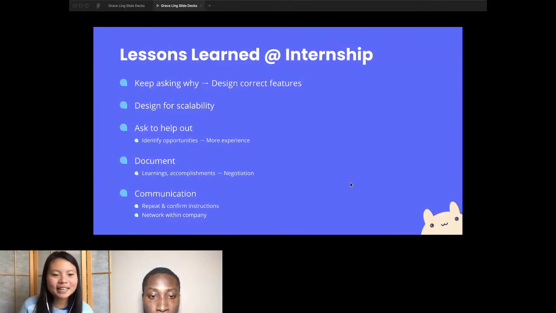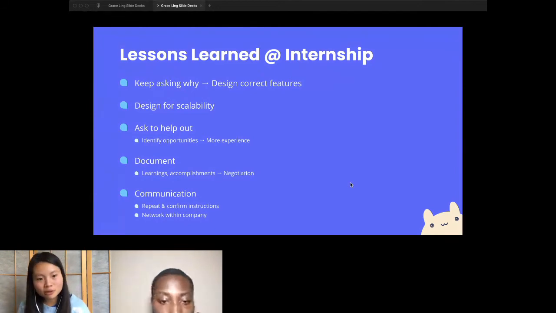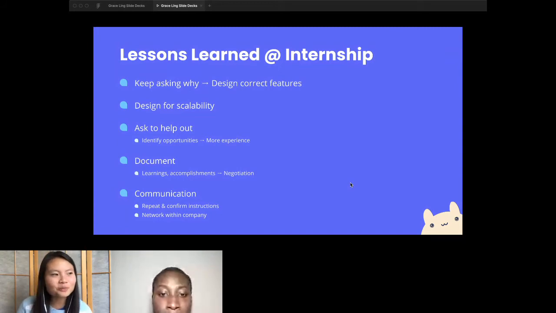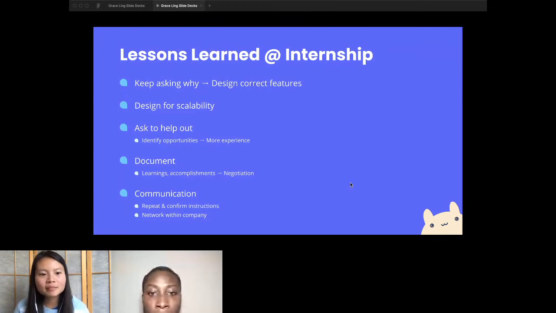So they can lead to opportunities like that, which all of this helped me land my full-time offer actually, because I was really proactive and thinking about other ways than what I can do for my project, but also how I can help out and how can my work be scalable? How can my work help long-term? And how can I help out my team, helping them make connections with other teams in the company too, during my internship. And that's how I landed my full-time offer.